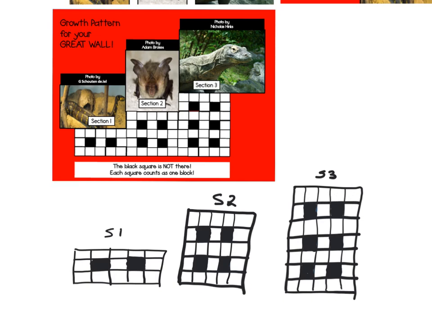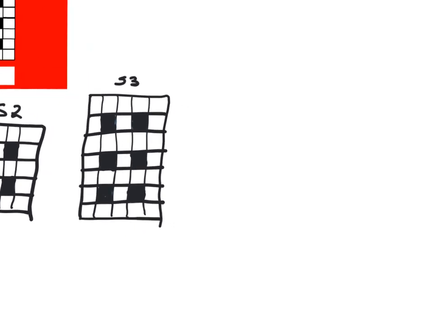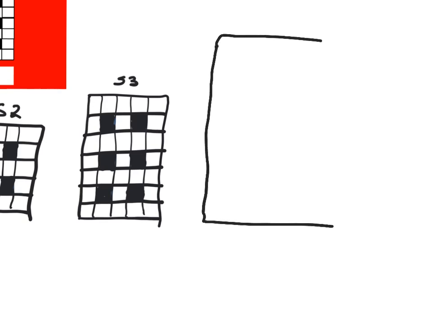So let's go ahead and figure out what our fourth section would look like. I like to start off with just a big old box. So we'll start with the box first and foremost, and just make a box that's slightly bigger, because remember, we've got to go up 2 more rows. Then I'm going to make the columns going up and down first.